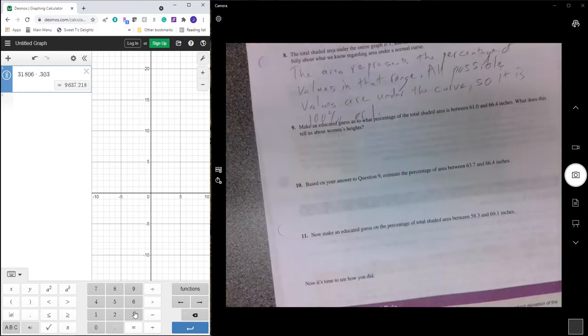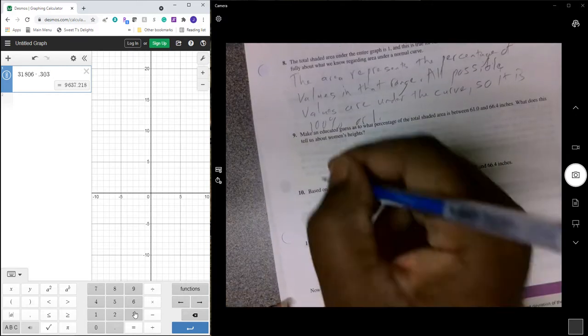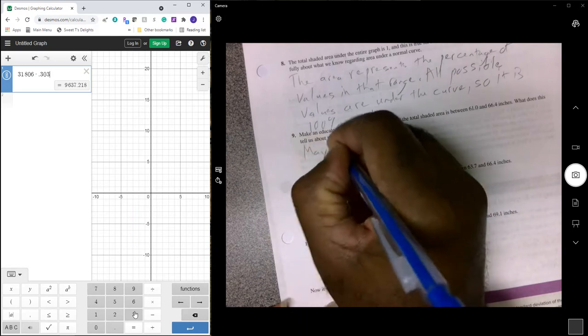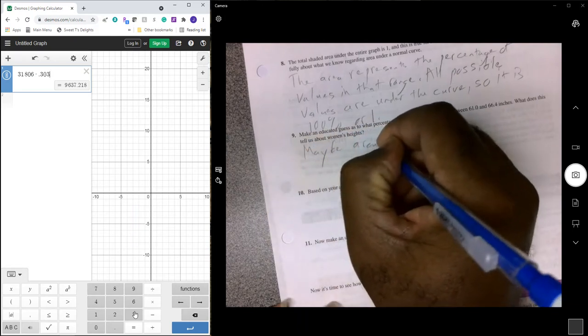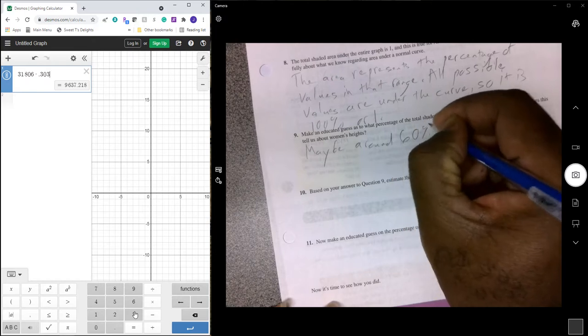So this has the majority of values. So I would say maybe around 60%.